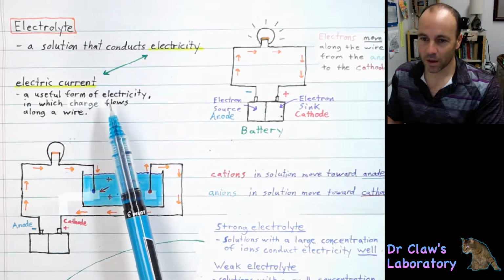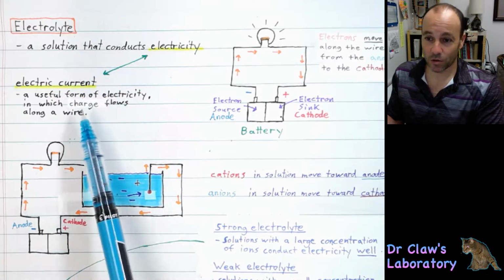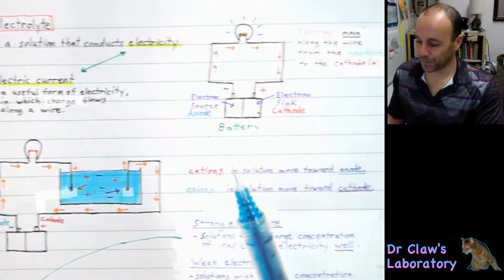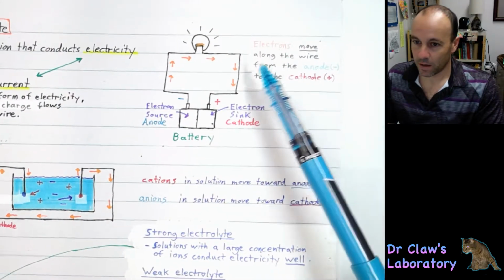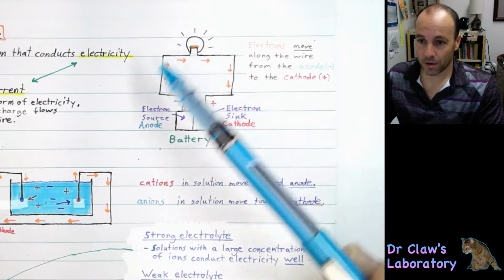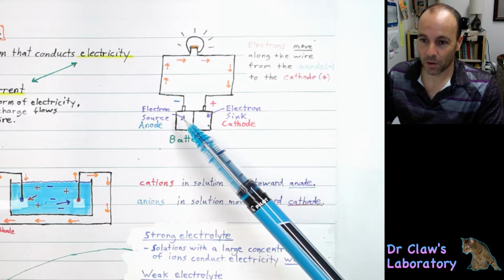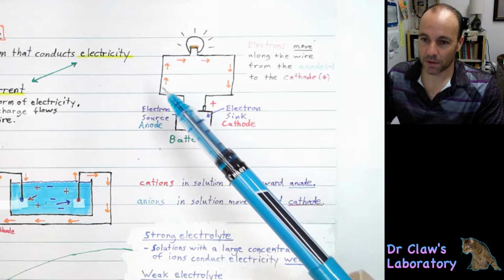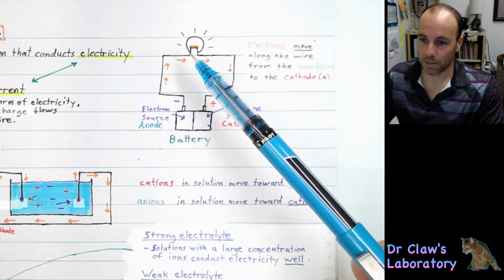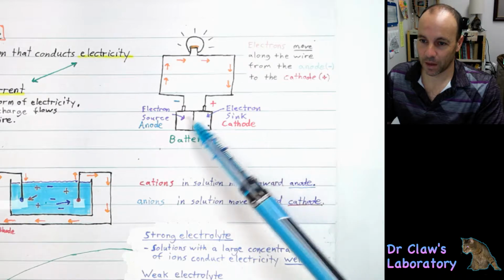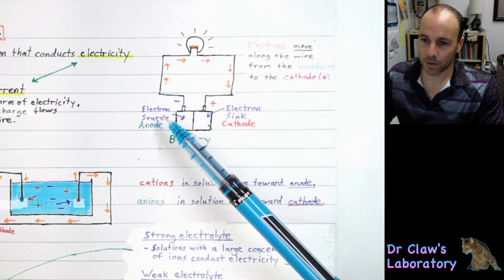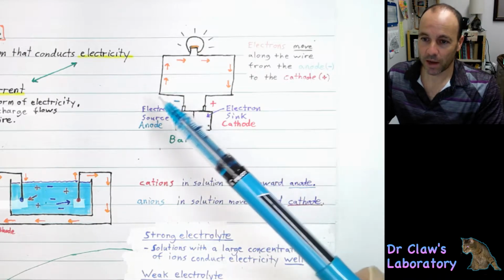So the way electric current kind of works is, I've drawn here a diagram of a battery with a wire going from the negative terminal through a light bulb all the way back to the positive terminal. Now, the negative terminal is a source of electrons.